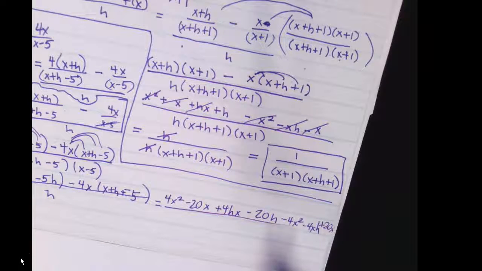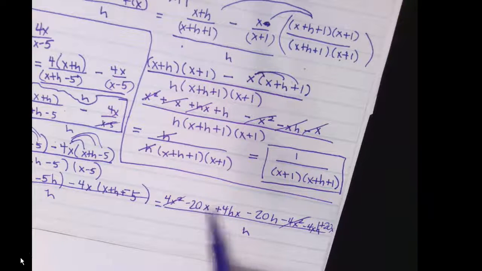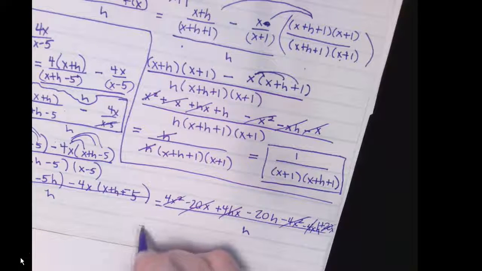All that over h. So let's combine like terms. 4x squared minus 4x squared, minus 20x plus 20x, plus 4hx minus 4hx. Negative 20h is what's left over h.